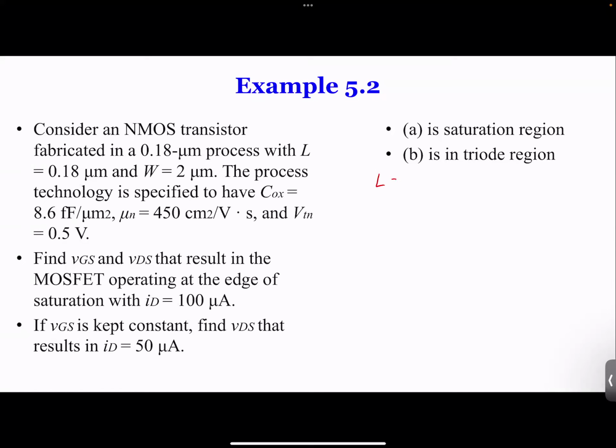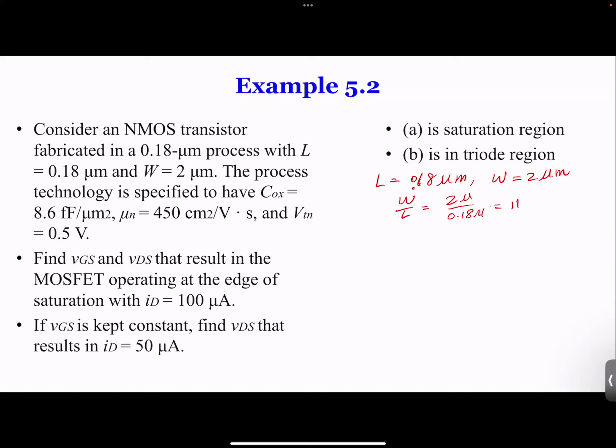You can write this down for your ease. And also W was given as 2 micrometers. So therefore, you can immediately know that W over L is 2 micro over 0.18 micro, and it's roughly 10. It's just a little bit over 10, so it's about 11.